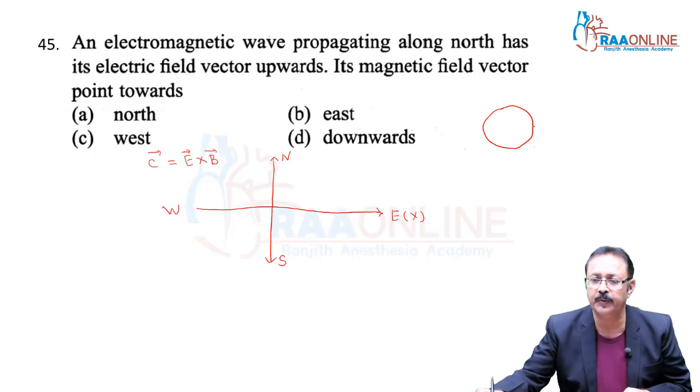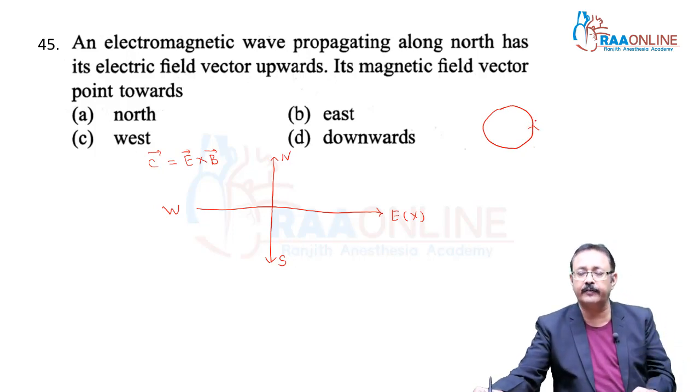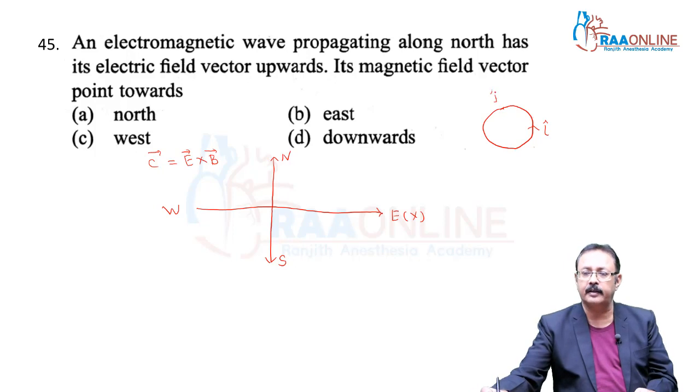And we know the vector triad. I told you that if you want i cross j it will give you k, or j cross k, what will it give you? Write i, j, k in anti-clockwise direction on a circle and move along them. The product of two will give you the third.